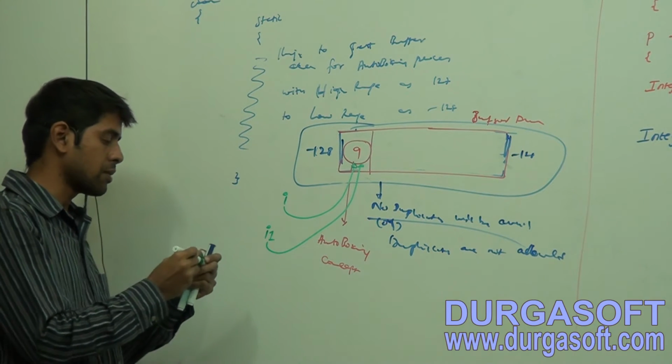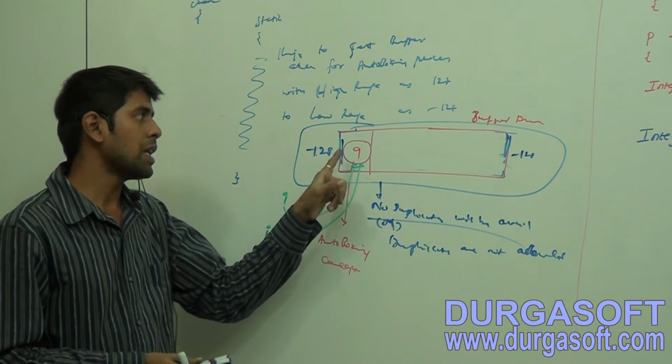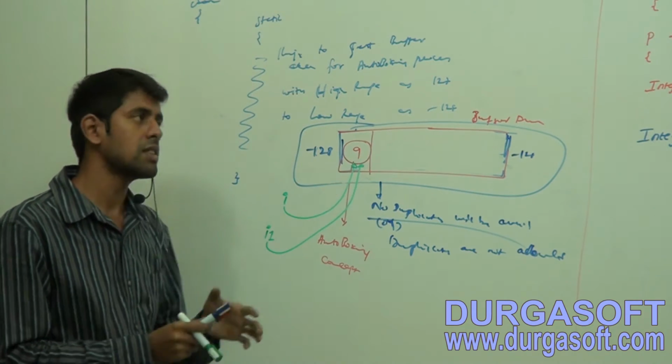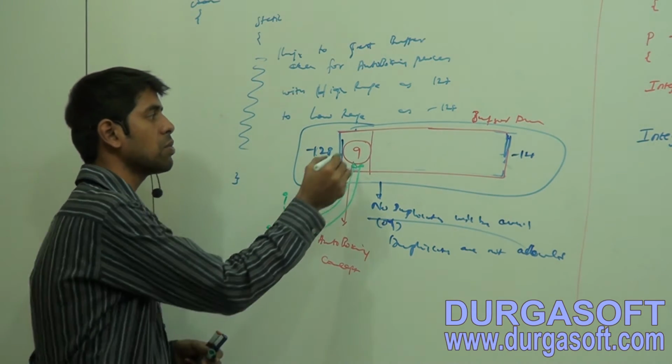Now observe here, what will be the hash code of this object? Let it be 9.